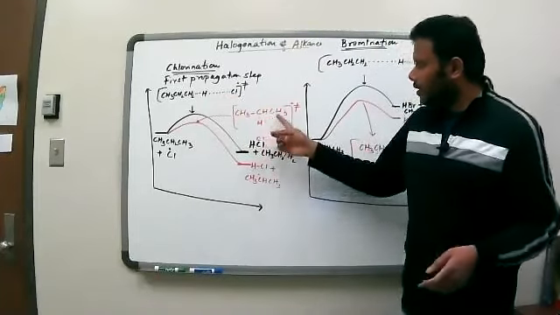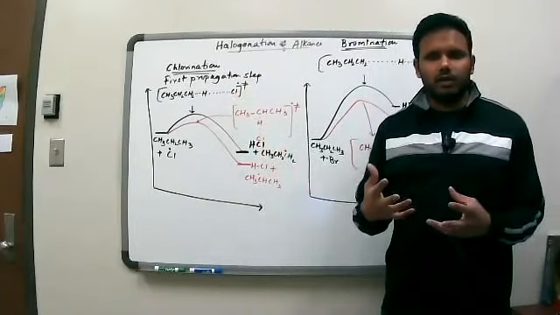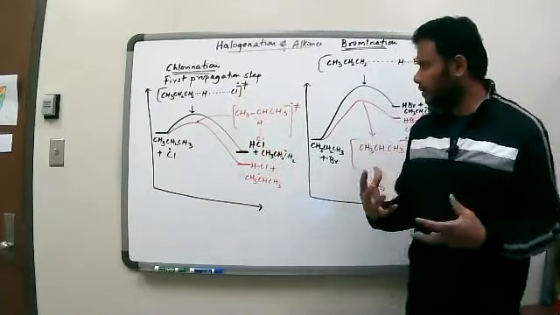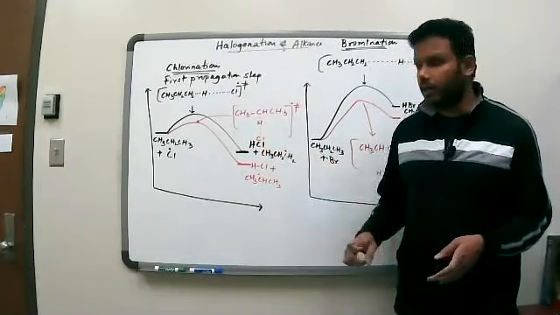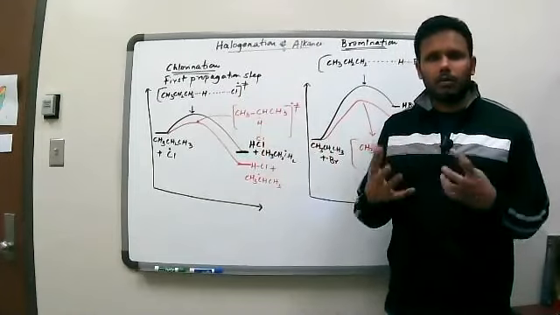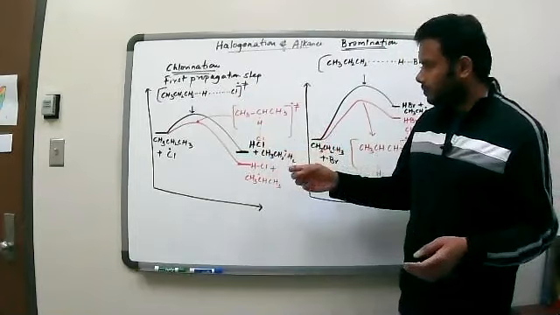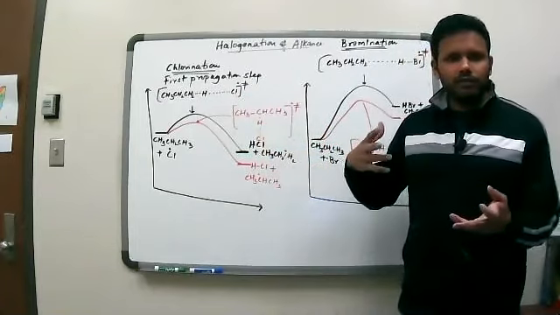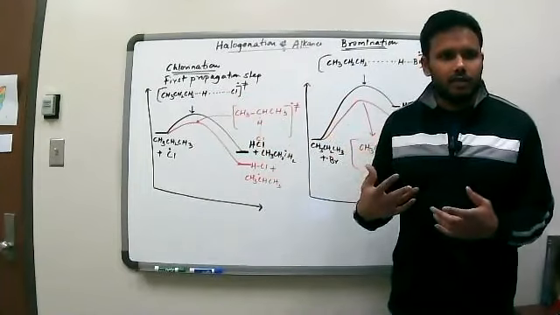So that means these transition states, both of these, don't have a lot of radical character to them, because the product is either a primary carbon radical or a secondary carbon radical, but they don't have a significant radical nature, which means they don't feel that different from each other.